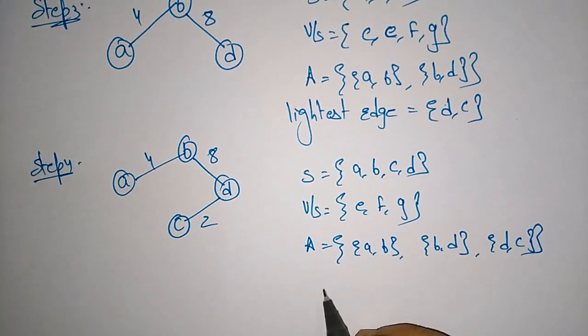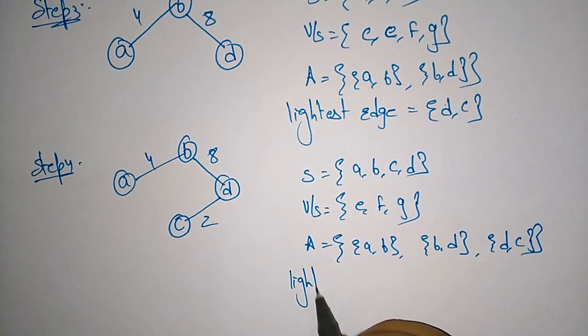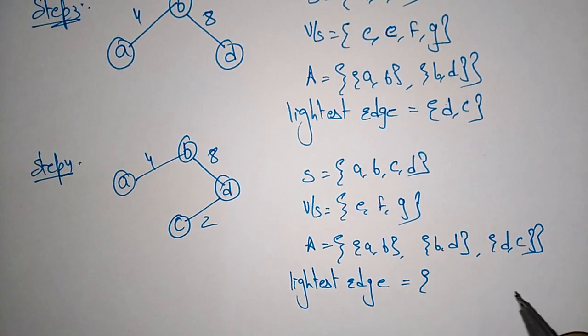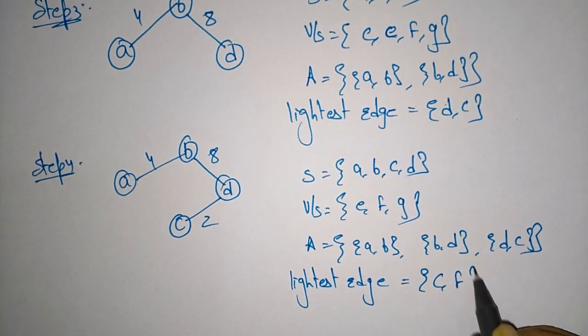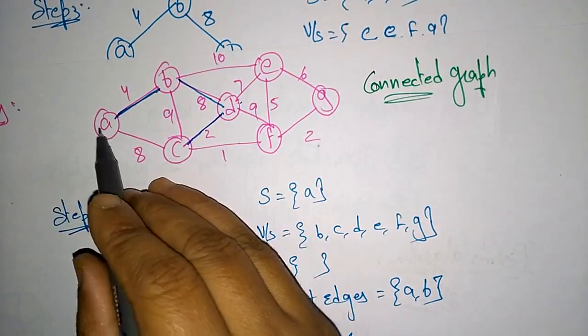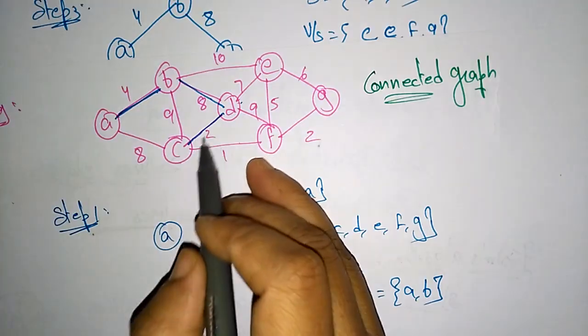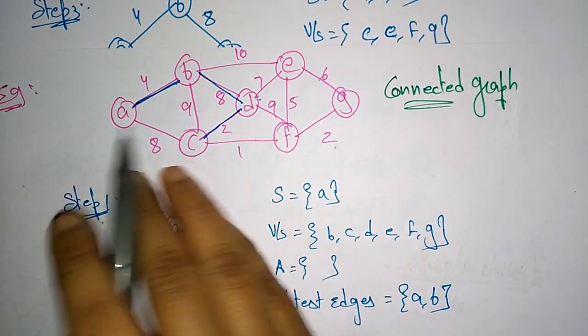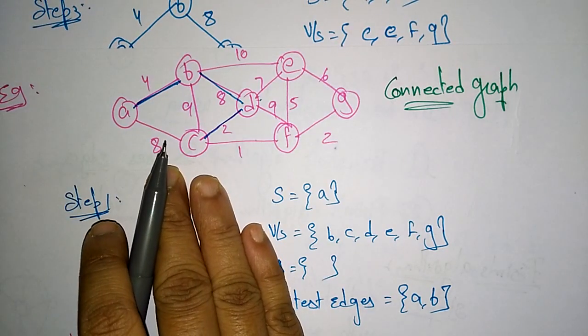What is the next lightest edge to C? The next lightest edge is CF. Why CF? Just see here. The next option is CA. If we take CA, it comes to a closed loop, which means it is a circuit. But the minimum spanning tree should not allow a circuit.